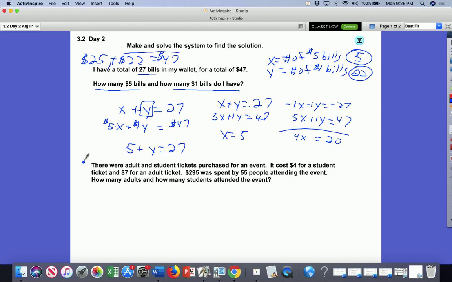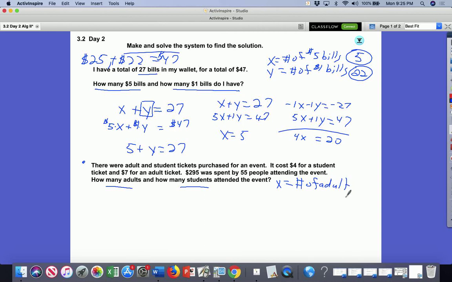So the next one, we've got adult tickets and student tickets, and we don't know how many of each. So again, we're going to let X represent the number of adult tickets, and it doesn't matter what you do, adult or student.